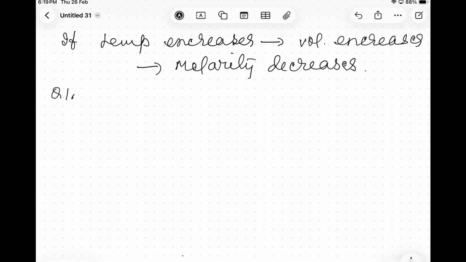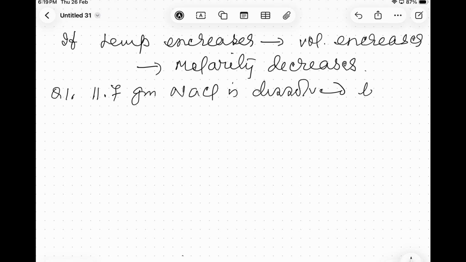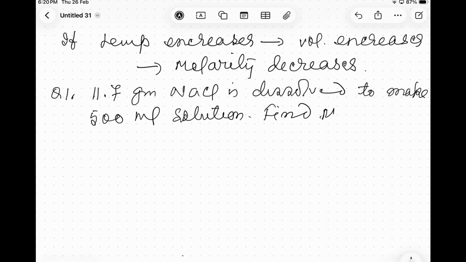Number 1: 11.7 gram NaCl is dissolved to make 500 milliliter solution. Find molarity of solution.